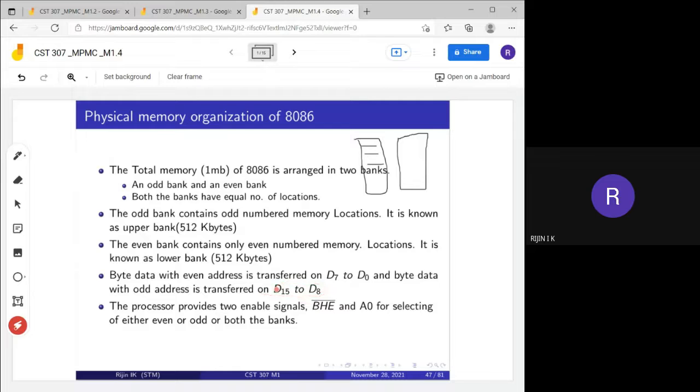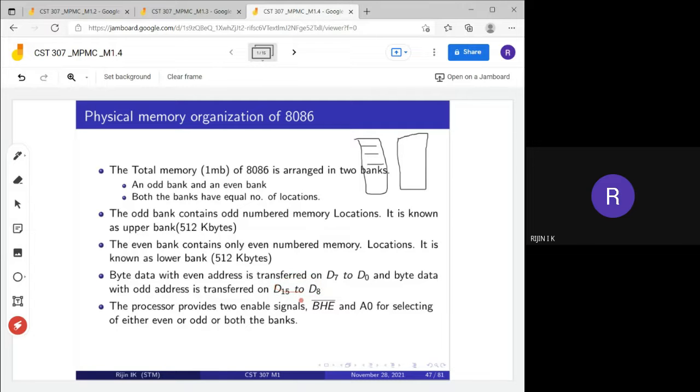We already studied that for accessing the memory, there is a data bus of size 16 lines. So for accessing the even address, we will use the data lines D0 to D7, and the next byte, that is the odd address, is transferred on D15 to D8.